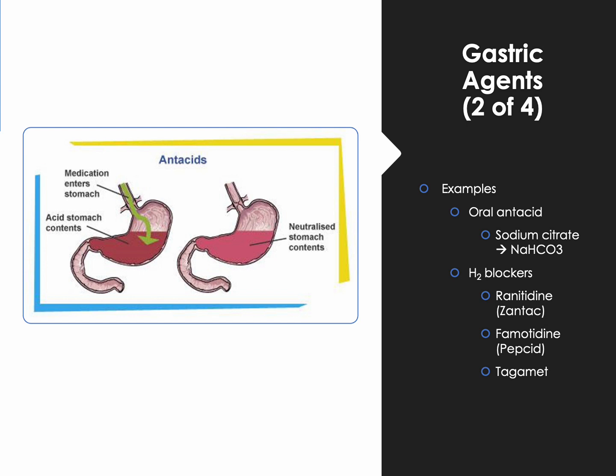So H2 blockers are most effective when they're administered 2 to 3 hours prior to intubation. And it's important to note that H2 blockers are not going to be given in emergency situations because they do not have the ability to reduce the amount of acid that is already in the stomach.